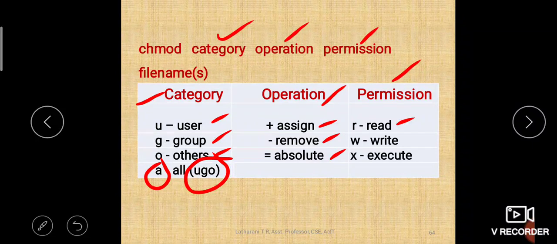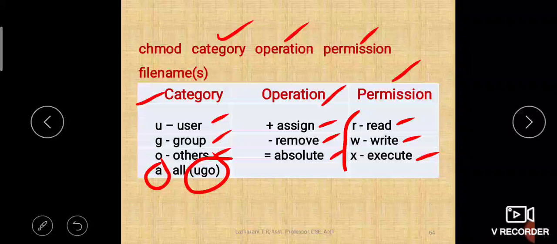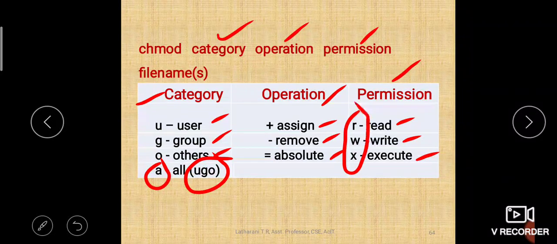Either read permission or write permission or execution permission, and they will be represented by these letters R, W, X. So that is how you can do it. Is that clear? Category is user, group and others. Operation is plus, minus, equal to, and permission is R, W, X.